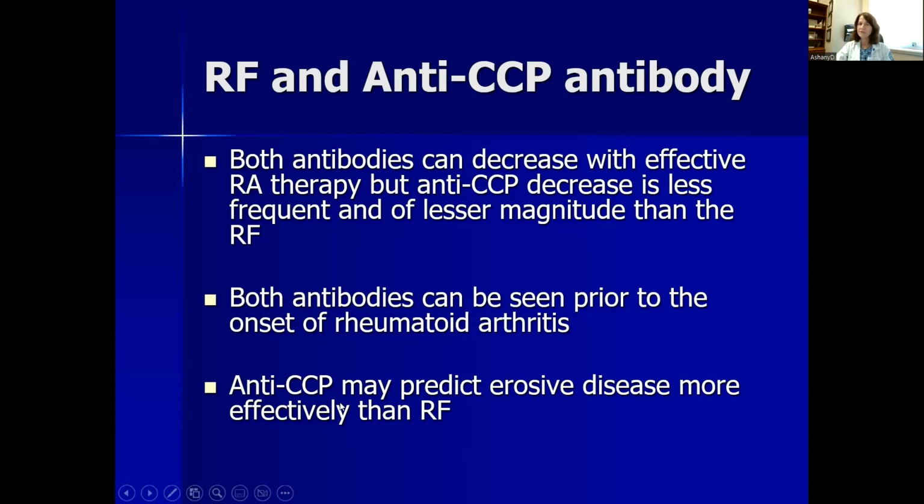We have seen that in people who have the CCP antibody, especially if it's high titer, it may predict a more aggressive course of disease, but that's not 100% in all people. I've seen people who have high titer antibody who never develop aggressive disease, and the opposite is true as well.